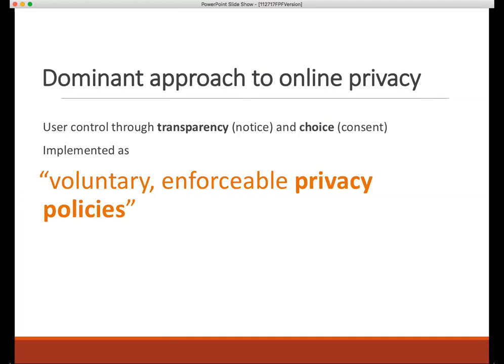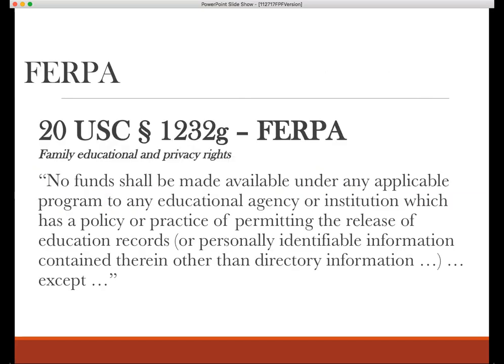This is now the dominant approach to online privacy: the idea that users, students, have the ability to control who can access their information and have some ability to monitor whether that information is correct. In this case, it's voluntary, enforceable privacy policies, which is what I just discussed in terms of consumer websites and other online platforms and apps.